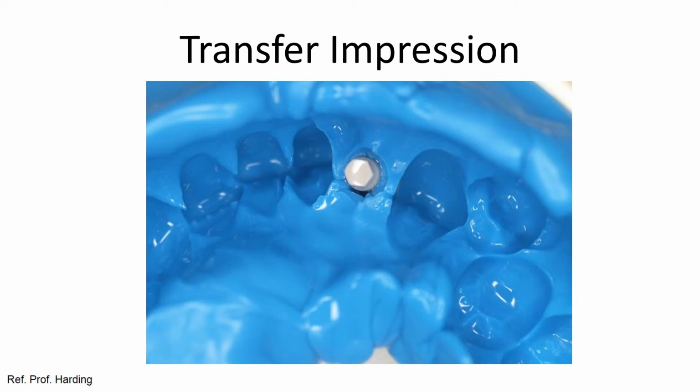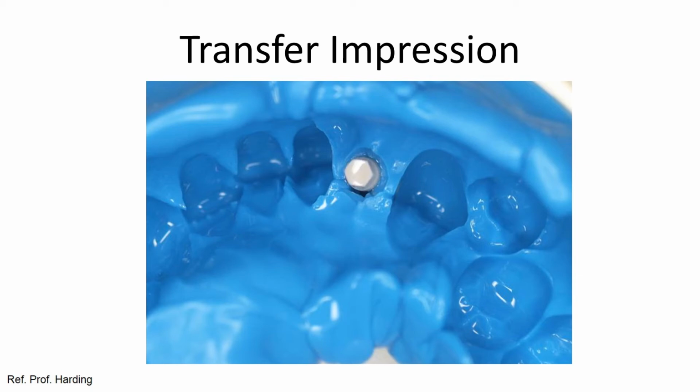So be sure that whichever protocol you're using, at the end of the day the transfer component accurately locates within the impression or is accurately held and firmly gripped within the impression. If there's any movement of the transfer device or coping in the impression, then it cannot be used. This will not be accurate enough for your technician or laboratory to construct an accurately fitting restoration.